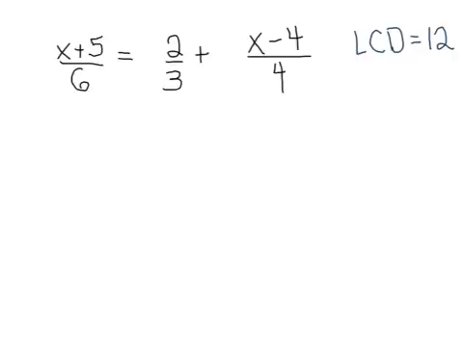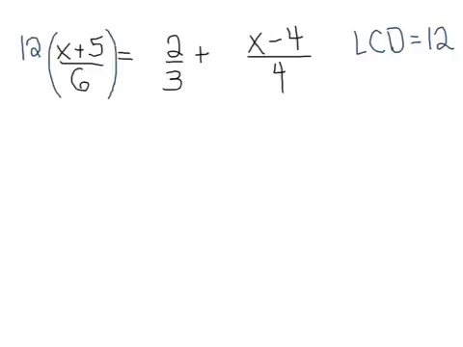So what you do with your least common denominator is you're going to use the property of equations that allows you to multiply both sides of an equation by the same number, and it will still keep the same solutions. So we're going to multiply both sides by 12.